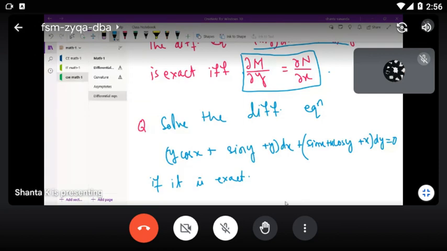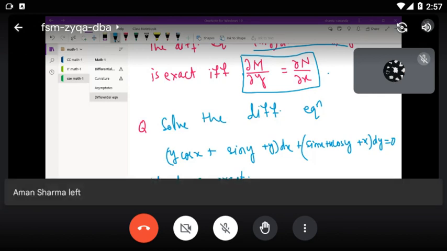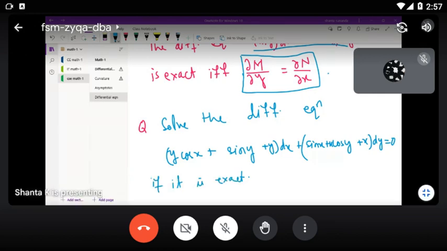Ma'am, we can open the brackets and bring the common terms together, like y dx plus x dy, and make an arrangement such that it becomes a perfect differentiation.